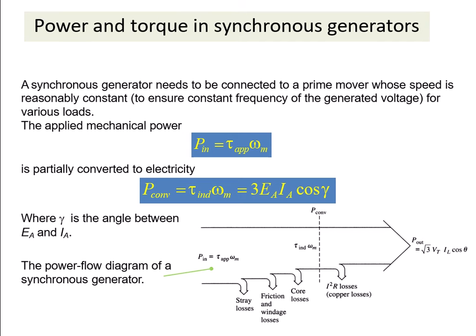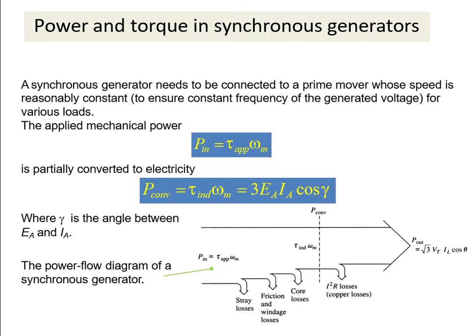Now a new topic: power and torque in a synchronous generator. A synchronous generator needs to be connected to a prime mover whose speed is reasonably constant for various loads. The applied mechanical power P in is equal to tau applied into Wm, where Wm is the angular speed of the machine, and it is partially converted to electricity.